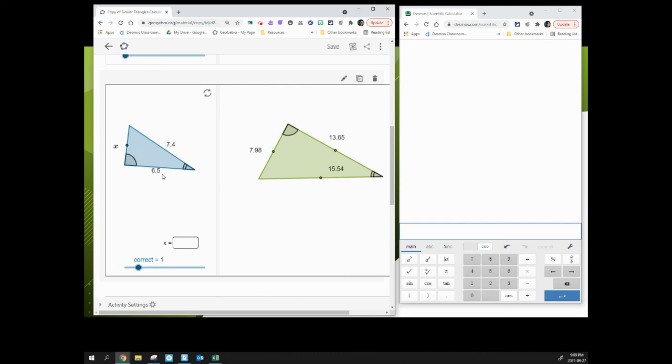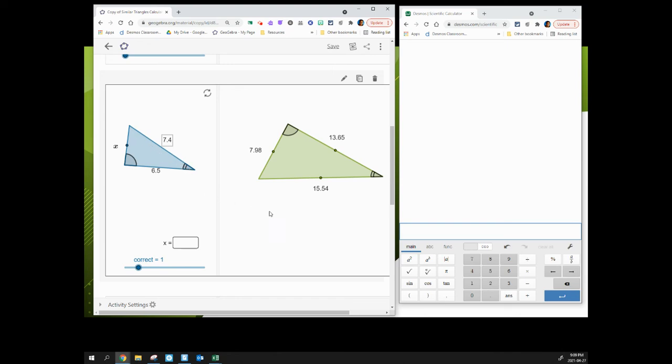And to find the scale factor, I realize that I can look at it in two ways. I can see the biggest side, that is 15.54 here, and that corresponds to 7.4. And to double check it, I see that this side goes from the angle that has two marks to the angle that has no marks in the green triangle, and the same in the blue.